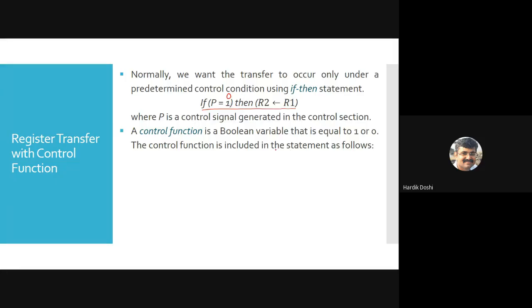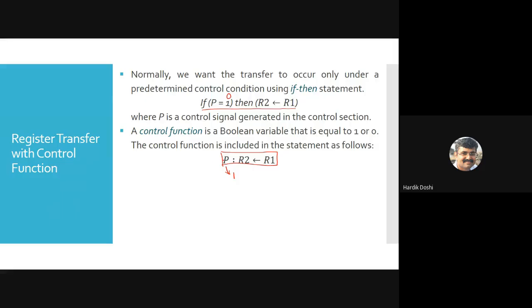The control function is included in the statement as follows. See, now a new notation came into the picture. So what does this statement mean? At time P, the value of P will be 1. When P is 1, then and only then perform this task.